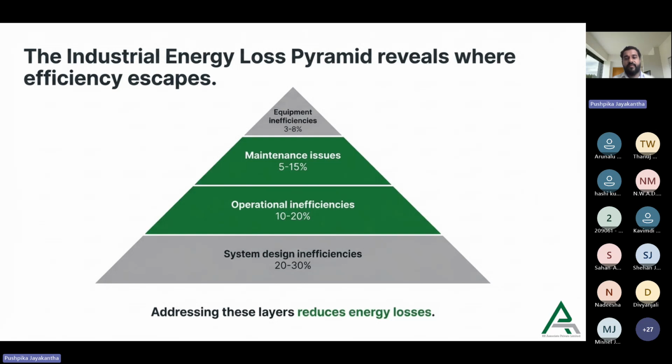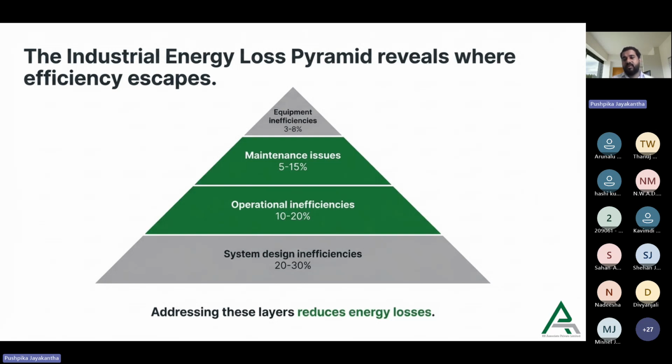Equipment inefficiencies occur when equipment operates below its optimal efficiency level due to outdated technology or poor design. For example, old low-efficiency motors, inefficient boilers, outdated compressors, and old lighting systems. Now, I think you all use LED lighting systems. No one uses tungsten or CFL lighting systems.